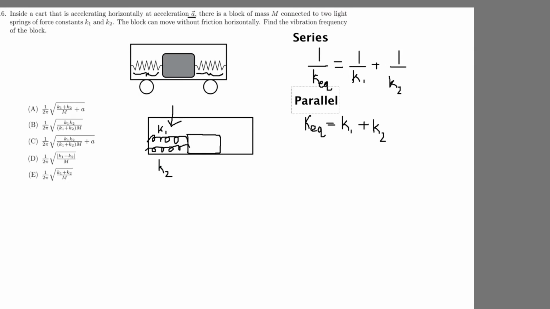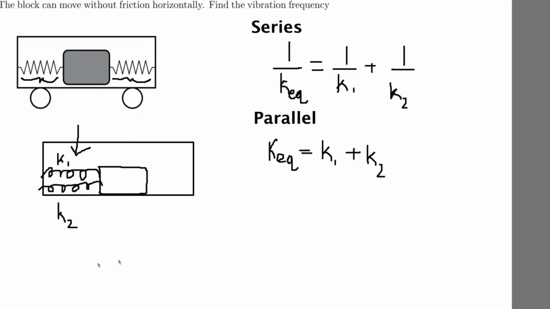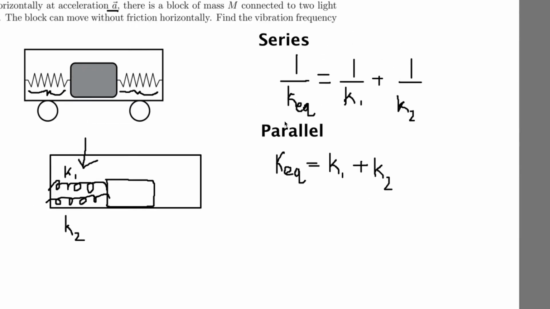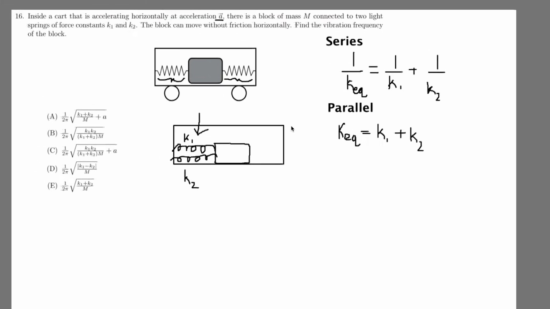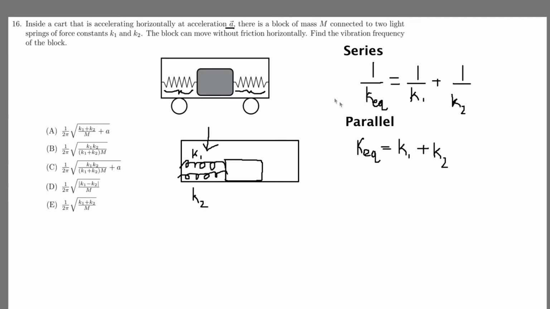Okay, so I'm going to take a detour and point you towards two equations. One is for series springs, and one is for parallel springs. So if you're familiar with capacitors or resistors in circuits, this is pretty much the same. You can have two, or more than two individual springs, and then you can use that to calculate an equivalent spring just as a single one, so it's easier to use for equations.